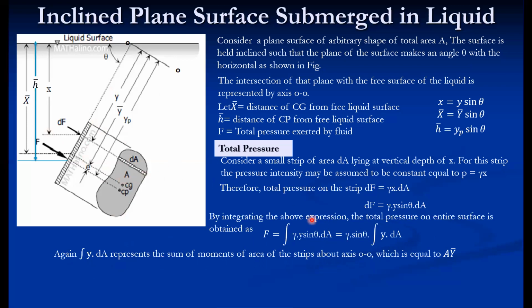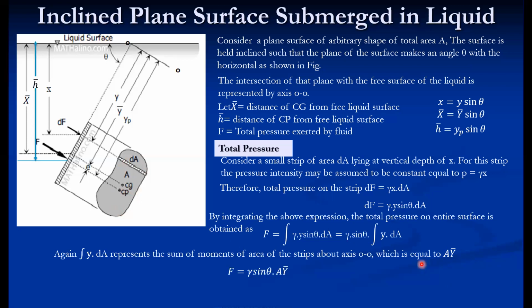So that is equal to the product of the area of the entire surface into the distance of CG from the reference plane, because it is a perpendicular distance, that is y bar. So A into y bar is as per the definition of moment of area. Moment of area is a product of area into perpendicular distance, and in this case the perpendicular distance is y bar.